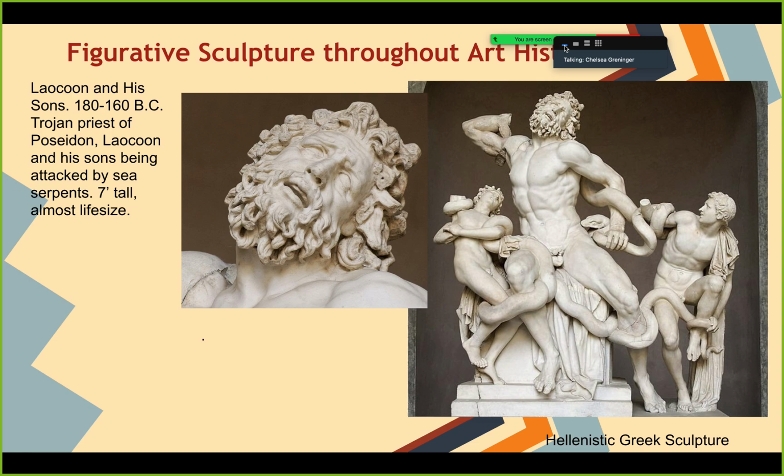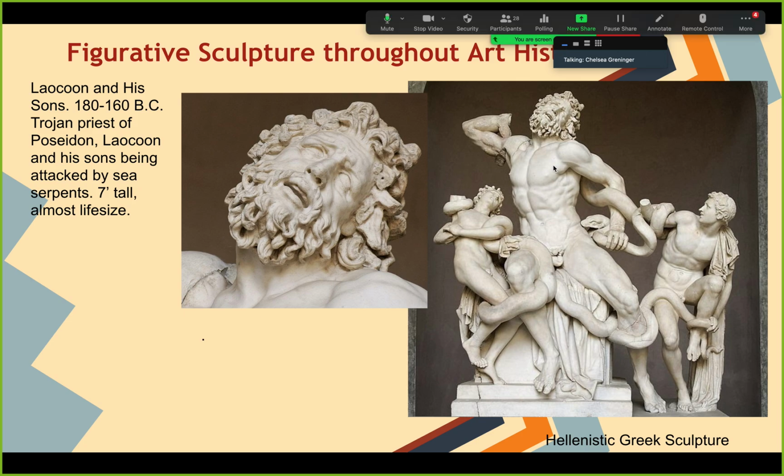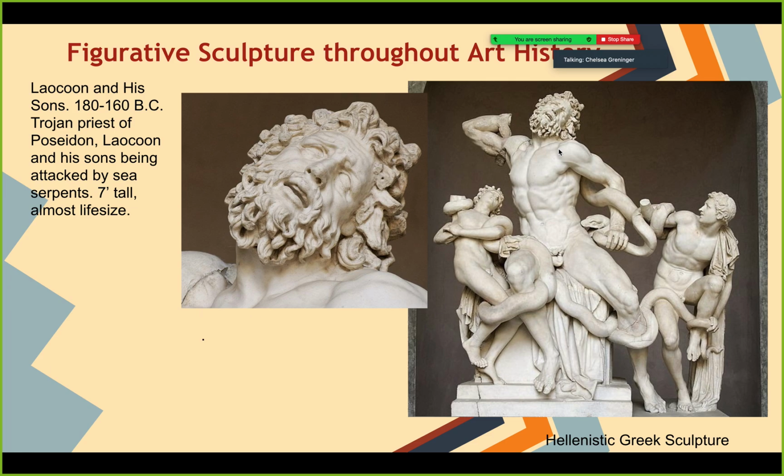It seems smaller in real life than it really is, even though it's 7 foot tall. Another strange thing about it is that he is the father. These are his sons, but his sons almost look like they have adult male bodies as well, but they're shrunk. They're like half his size.